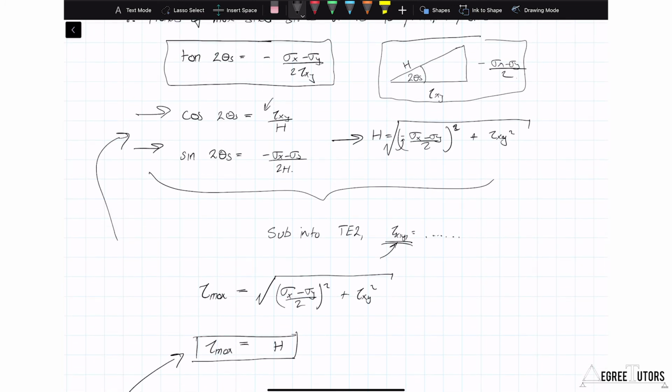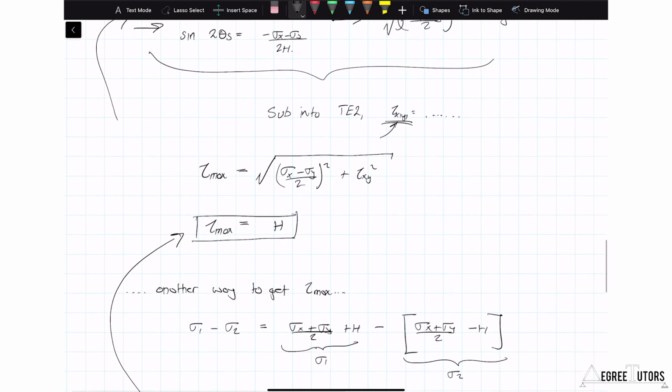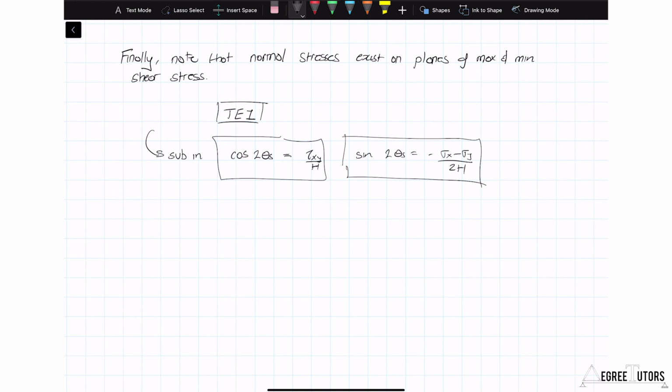We worked them out here, or they dropped out of that expression actually. So we're going to take those two, sub them into our transformation equation 1, and that's going to give us the following expression.